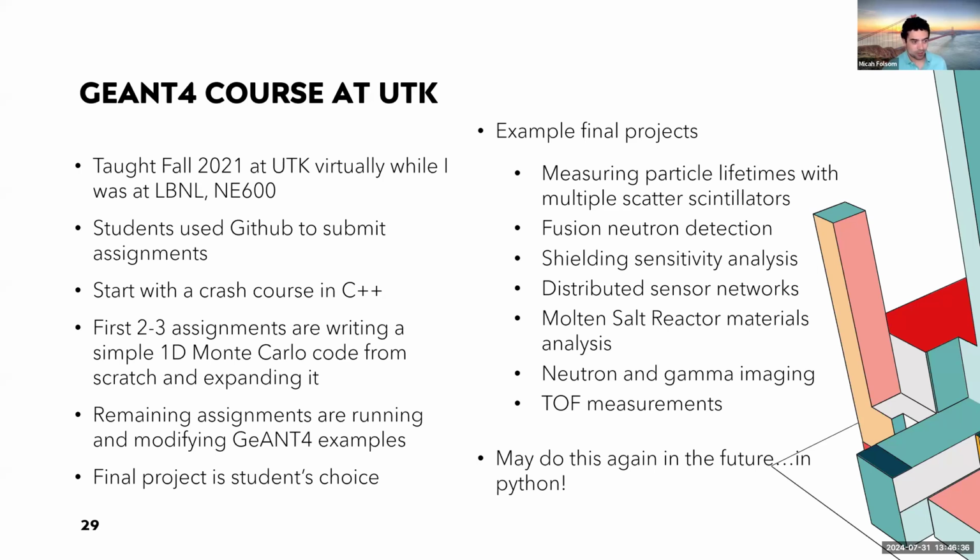And essentially, I do a crash course in C++ and get you familiar with how this works on a basic level, enough to write some code. Writing a simple 1D Monte Carlo just from scratch. It's a very fun little back of the envelope, simple project. I have a 1D track, I have a particle, and there's one or two processes. It can die, it can skip, it can scatter, it can skip a few steps or something.